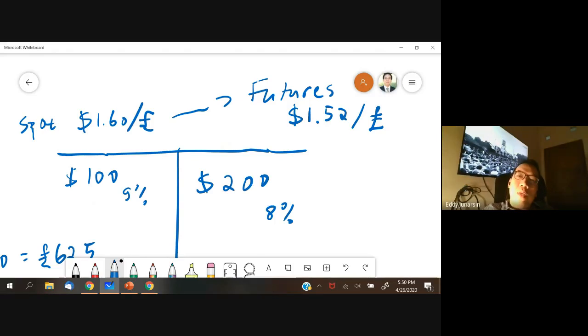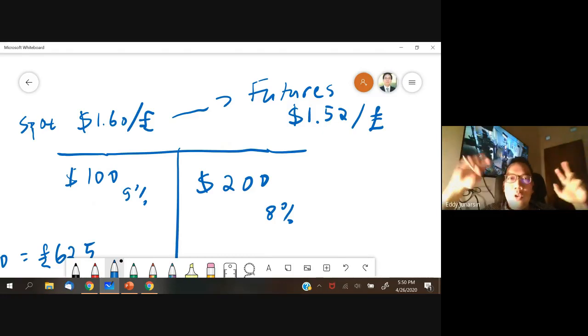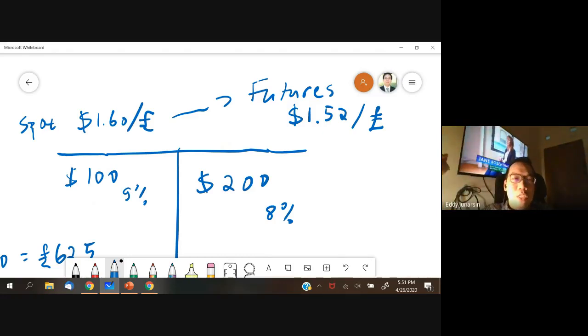So let's assume that you go to the futures market and you get this quote, right? 1 year pound futures, 152 per pound. Again, the position that you're going to take is not determined by your analysis, nor is it determined by your hunches, but you simply go there to take a position based on your interest, based on your position of interest.